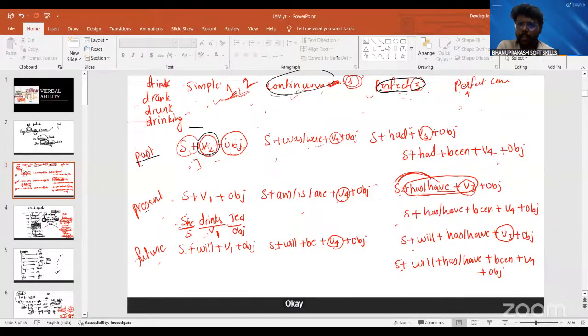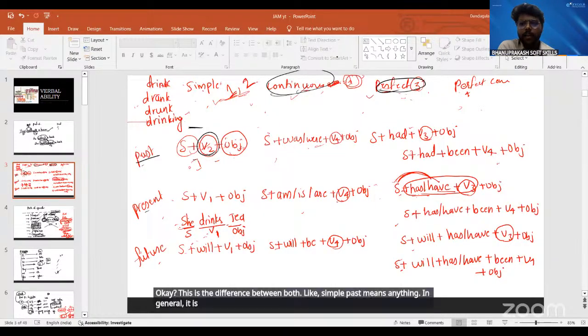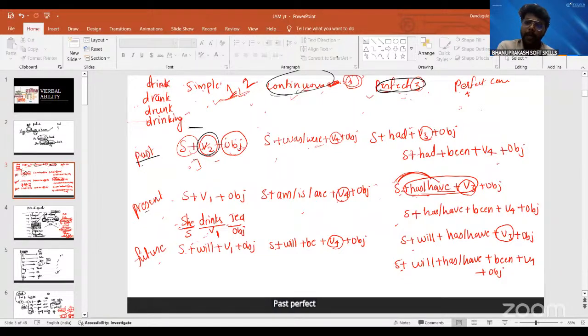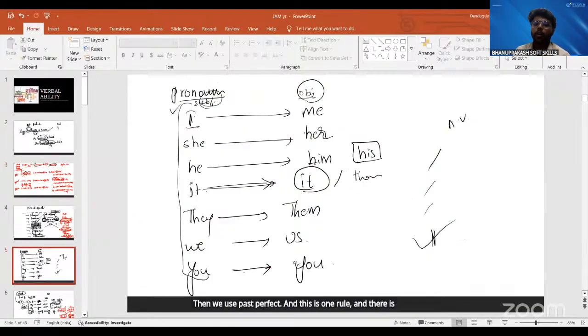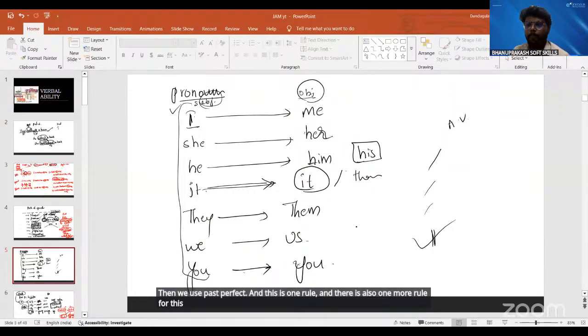This is the difference between both. Simple past means anything in general that is past related. Past perfect means we are pointing out one particular time. And this is one rule. There is also one more rule for past perfect.